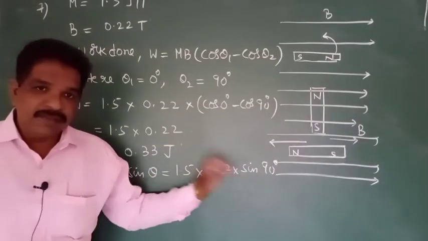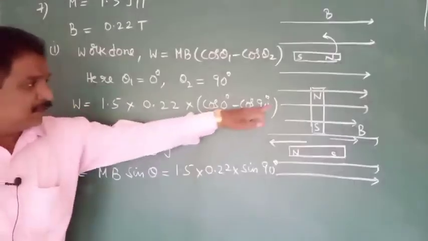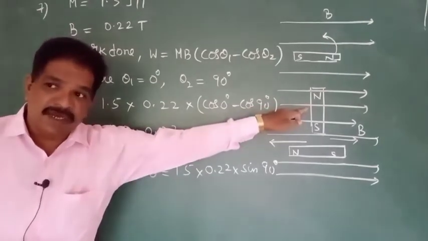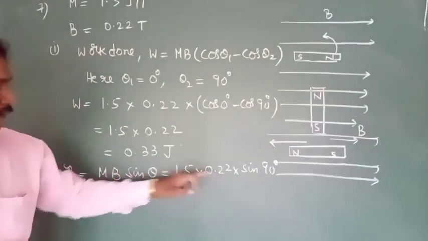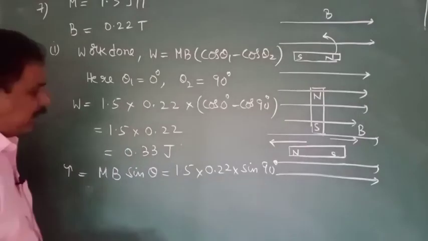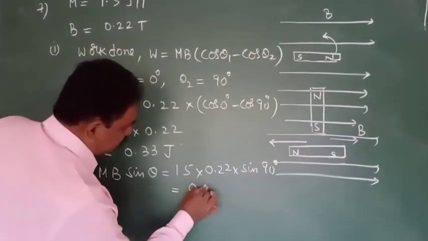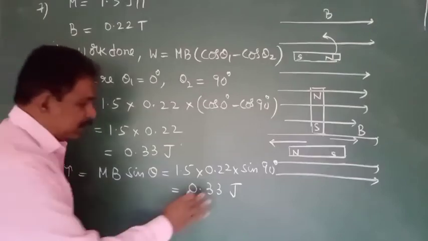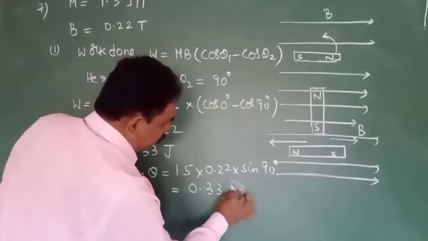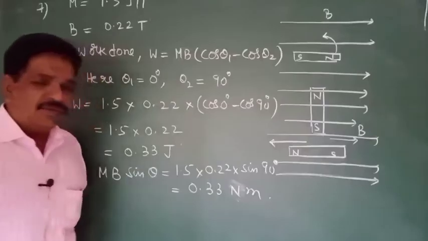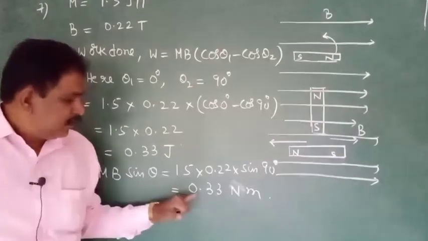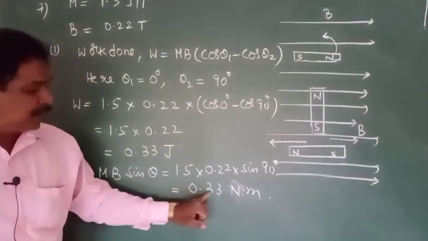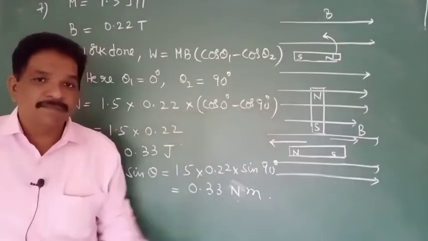Sine 90 degrees is 1, because in this position, what is the torque acting on it? So this value 1.5 into 0.22 means 0.33. You can use joule, or better use Newton meter. So this is the torque acting in this position.